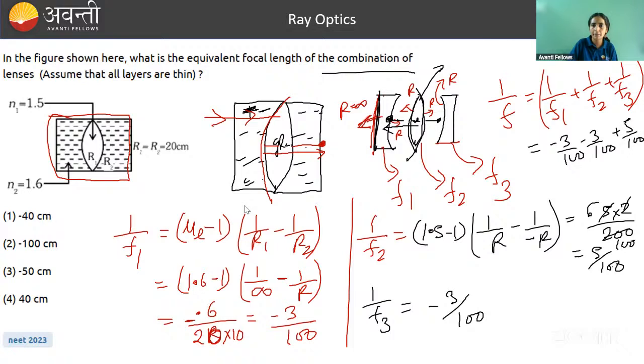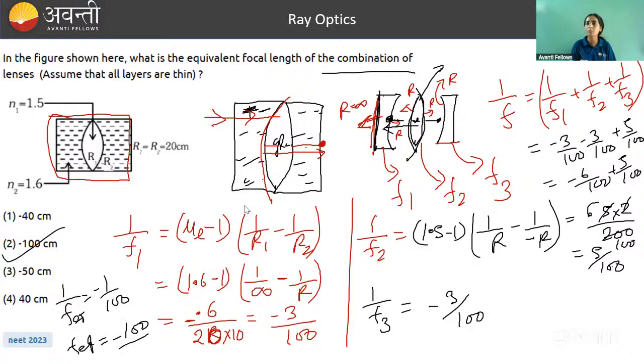So minus 3 minus 3 becomes minus 6 by 100 plus 5 by 100, which is equal to minus 1 by 100. So 1 by f equivalent is minus 1 by 100, and f equivalent will be minus 100. So the correct answer will be option 2.